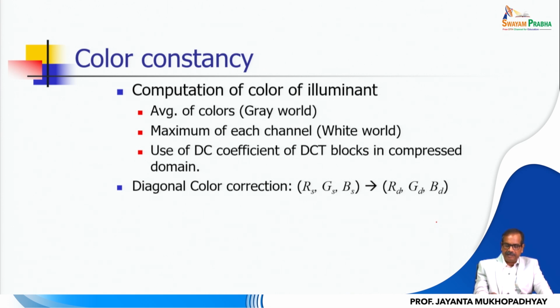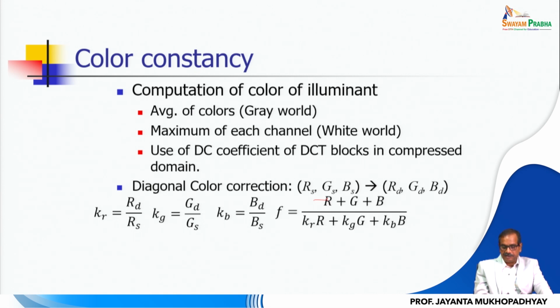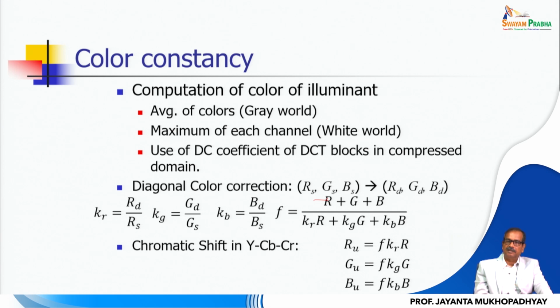Since these corrections are defined in RGB space, you can perform the equivalent operation also in the YCbCr space. Or, instead of considering this kind of diagonal color correction, you can just perform a chromatic shift.